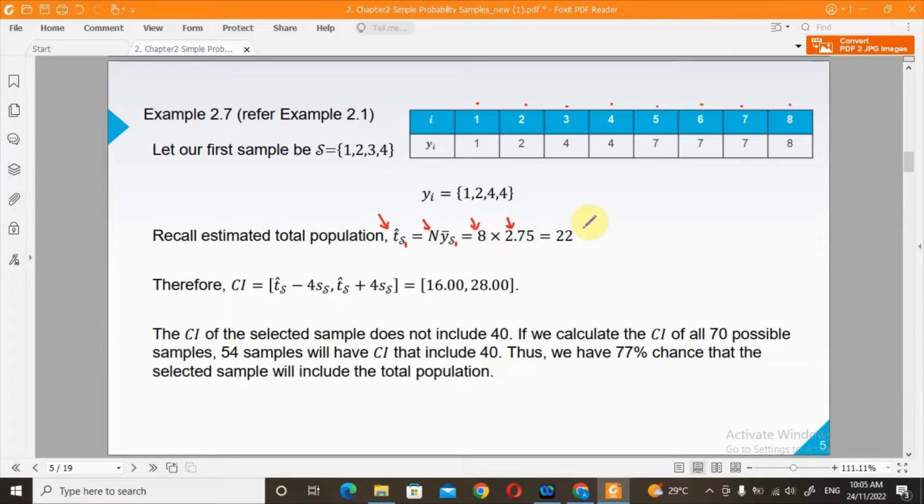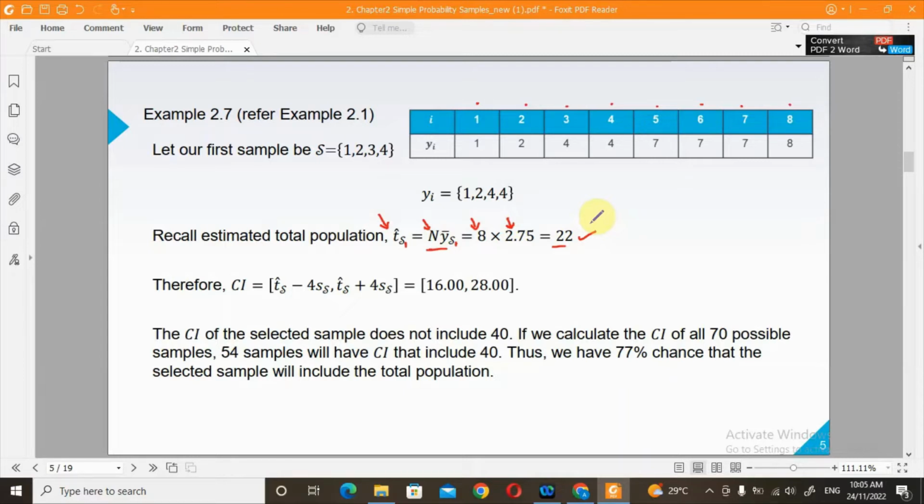And by using this formula, the estimated population total for the possible sample number 1 is 22.